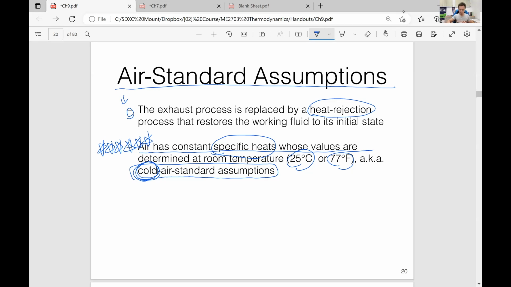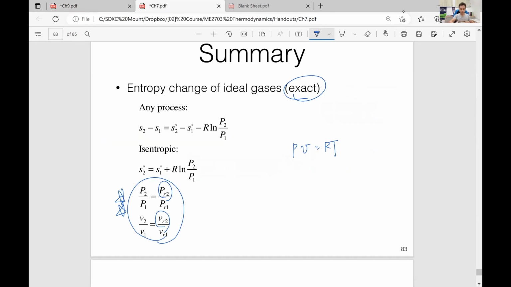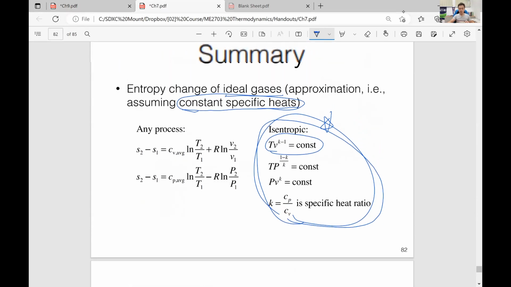This is a very important difference and very useful, because in chapter 7, we know that for an ideal gas undergoing an isentropic process with constant specific heat, you have these three equations, very useful equations. So when the problem tells you to use cold air standard assumptions, then for the isentropic process, you can use these three equations.